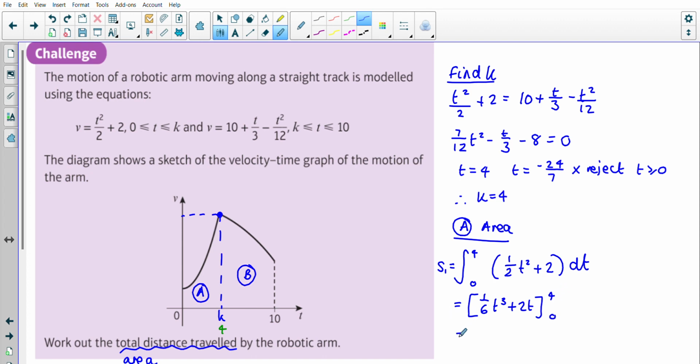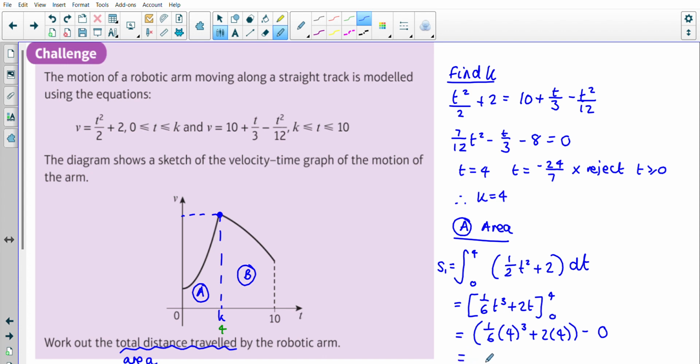I'm going to apply those limits. Remember, when you sub in 0 at any point, it's just going to be 0 because you always have terms in terms of t.